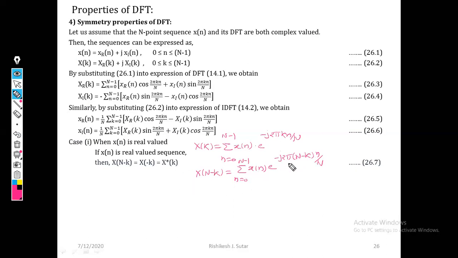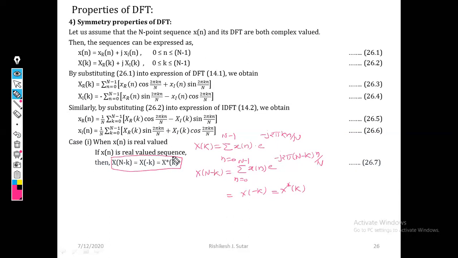We can split this bracket, and after splitting, whatever I'm getting is x of minus k. Ultimately, it is equal to the complex conjugate of x of k, and that is what is written here.